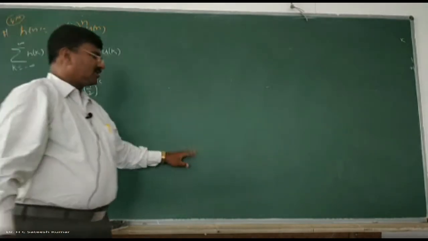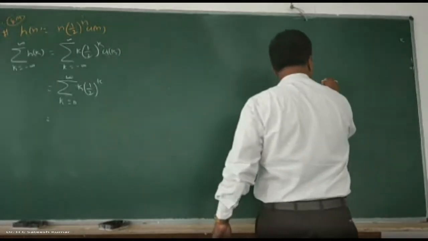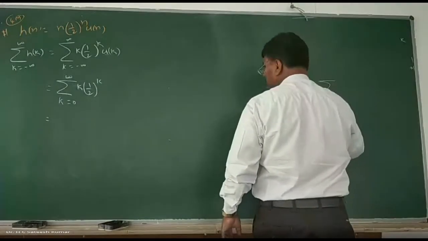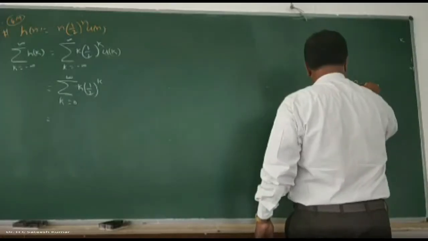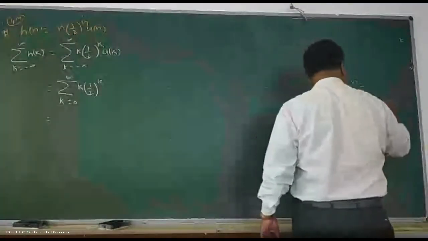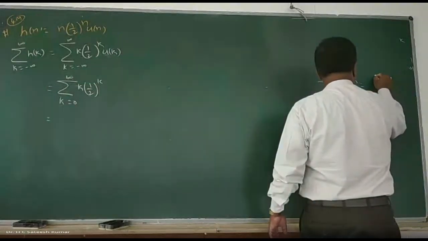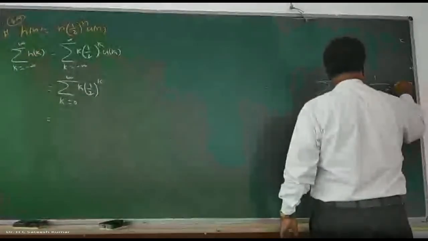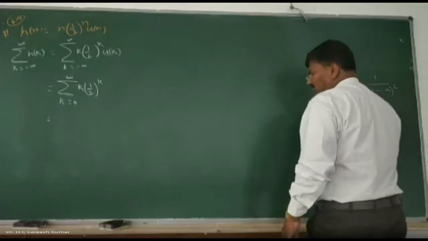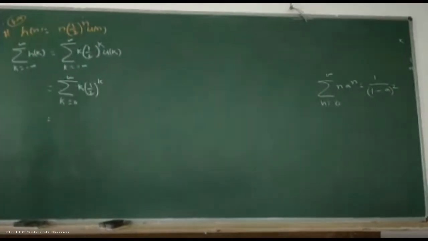The formula is, I think I have done this problem. Summation n ranges from 0 to infinity of n a to the power n is equal to something like that. One minute, I'll check this formula.